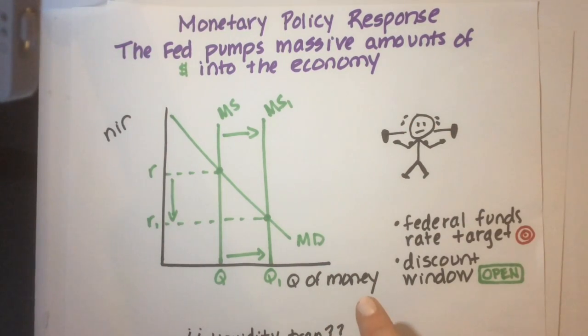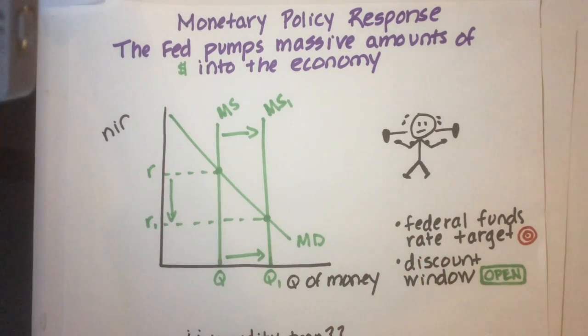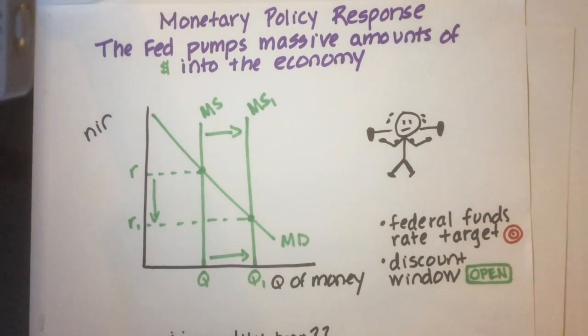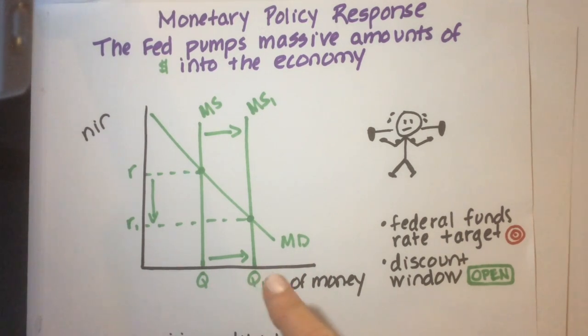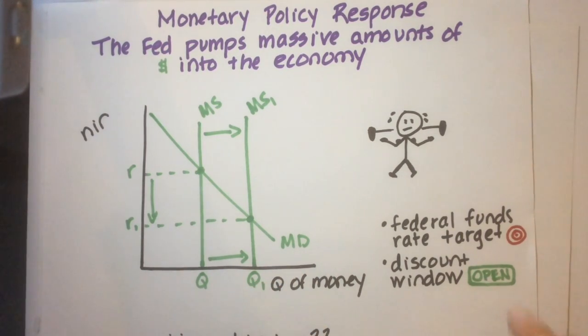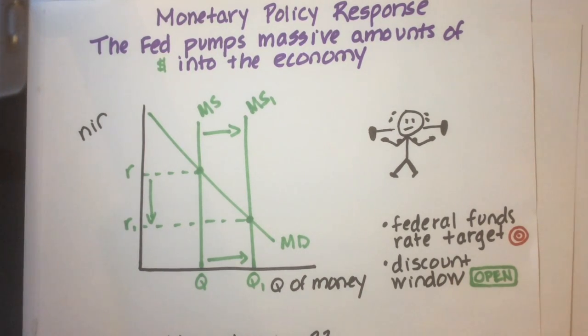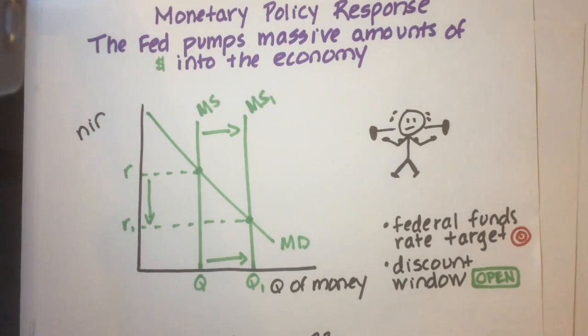The amount of money in circulation is increasing. The nominal interest rate is dropping. The Fed targets a lower federal funds rate. They don't exactly set the federal funds rate, but they do that by increasing the money supply. The only thing that they do set is the discount rate, but what they did is open the discount window, so that allows large commercial banks to borrow from the Fed.